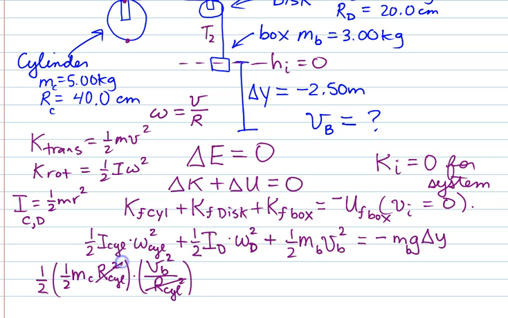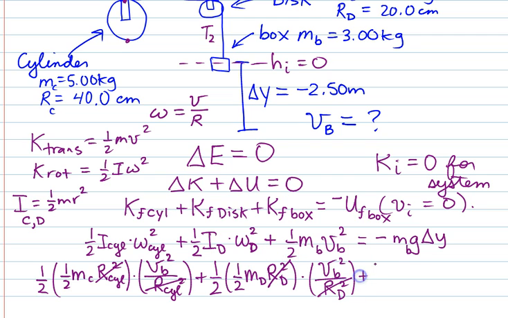So we get some great cancellation there. Then we do the same thing with the disc, 1/2 mass of disc, radius of disc squared, and we have VB squared over radius of disc squared. Once again, nice cancellation. And we have 1/2 mass of box, V box squared, equals M box G delta Y, and there is a negative sign.